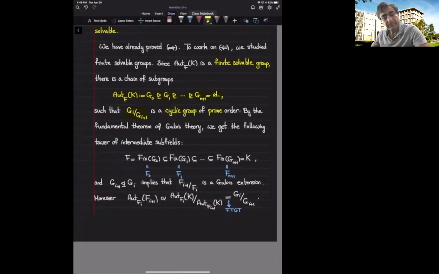Now, we can use the fundamental theorem of Galois theory and look at the corresponding chain of subfields.